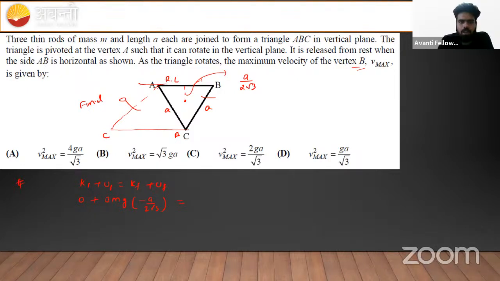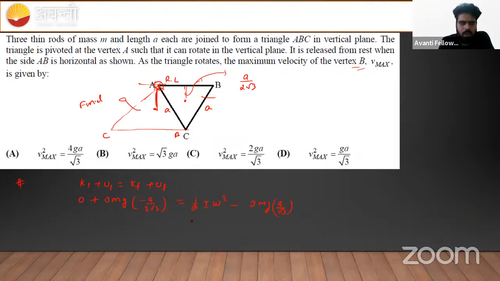For K final, if the complete system is rotating about the hinge point, there must be a rotational kinetic energy, half I omega square. What is the final potential energy? We have to measure this distance. If this is a by 2 root 3, then this distance is in the ratio 2:1, since we know that the centroid divides in the ratio 2:1. So this distance will equal 3mg a by root 3.